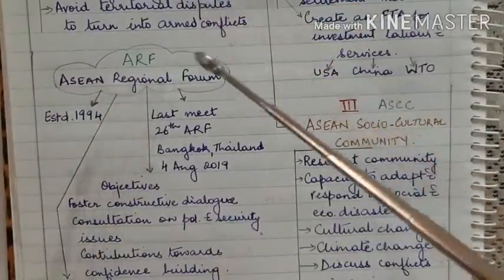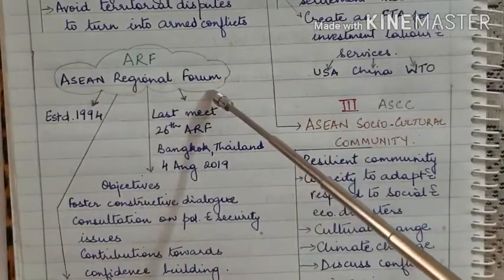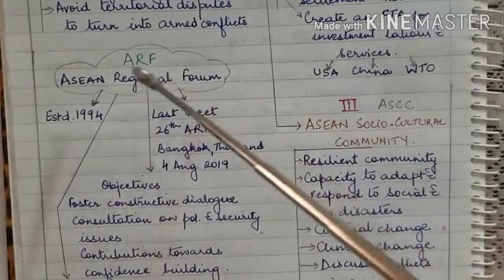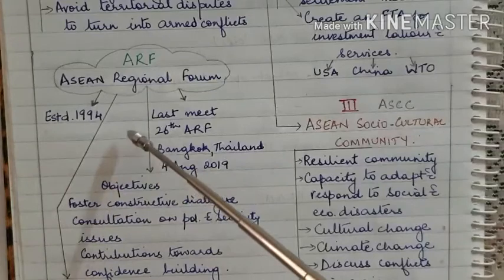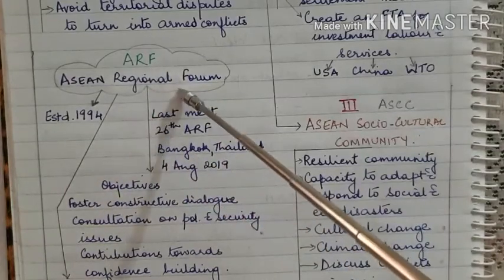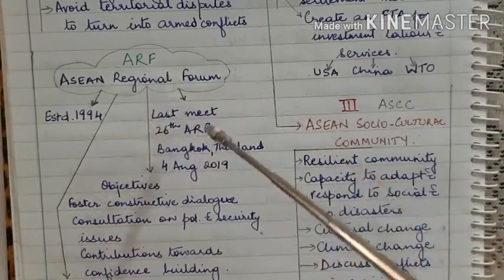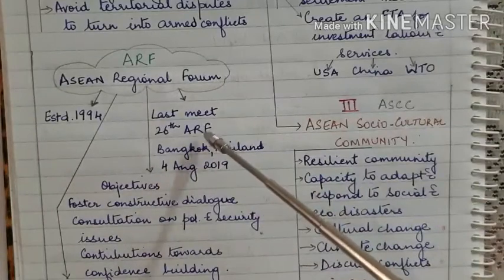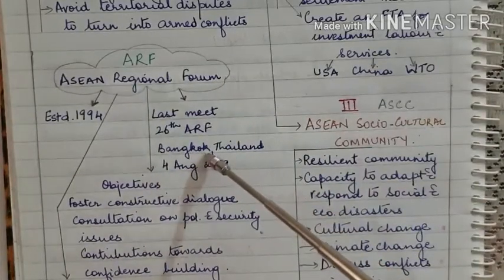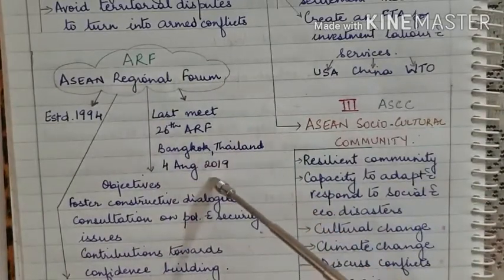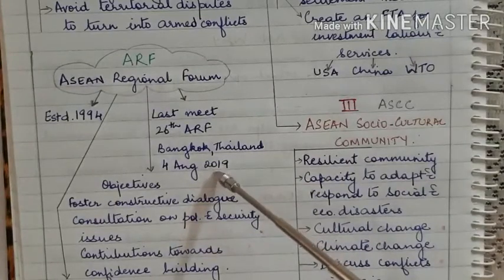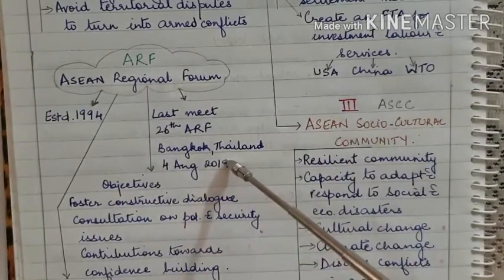Now keeping this in mind, they formed the ASEAN Regional Forum, which was established in 1994, and its last meeting, the 26th ARF, was held in Bangkok, Thailand on 4th August 2019. That is the last meeting that was held of ARF.